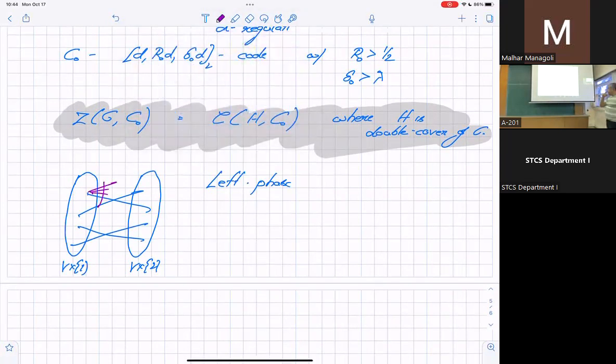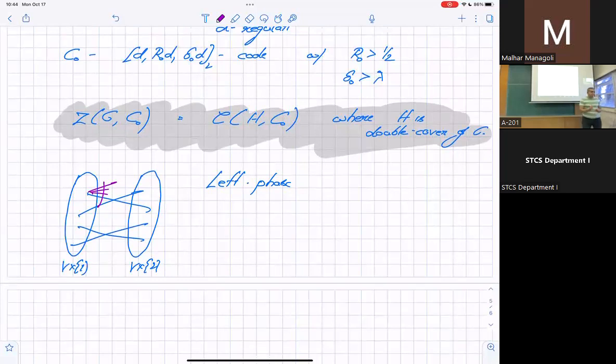You have a particular word. You need to see what the local view of this vertex should be from C0. If it is in C0, you don't fix it. If it is not in C0, you just change it to the closest member of C0 that you can see.